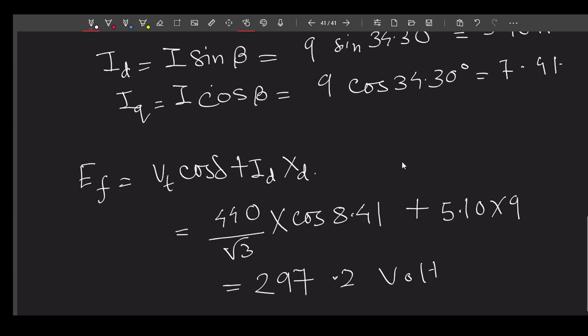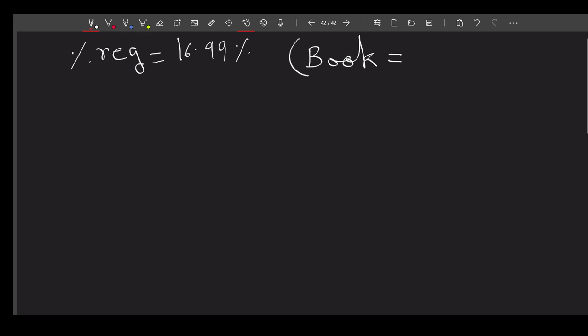So, as per my calculation, I am getting something like 16.99%. However, in the book from which I am copying this example, their calculated regulation value is 9.275. However, they have made a mistake in that they did the calculation like this.